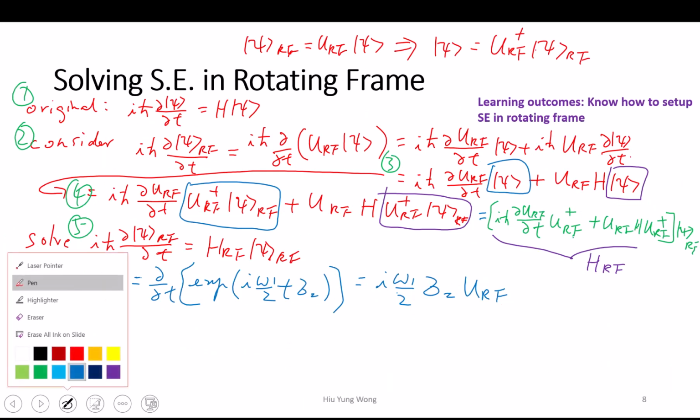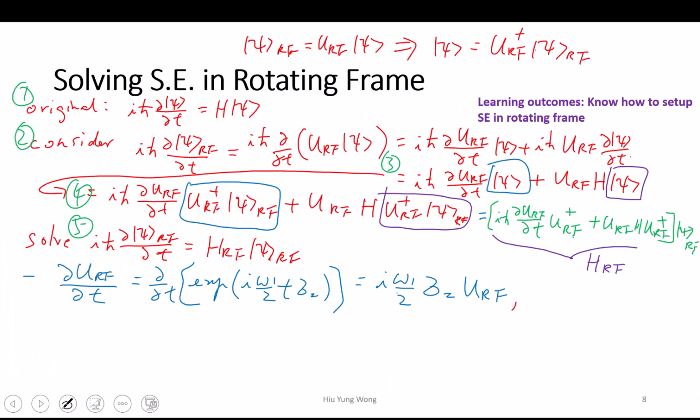So with this, what is the first term? i h bar partial U_RF partial t times U_RF dagger equals, it means I need to apply i h bar to this and also apply U_RF dagger to it. What is U_RF times U_RF dagger? It's identity, because it's unitary: rotating forward by theta and then backward by negative theta. And then that gives me negative for i times i.